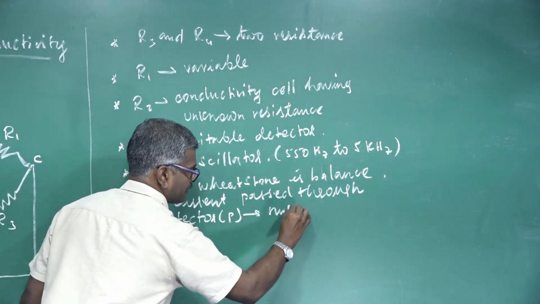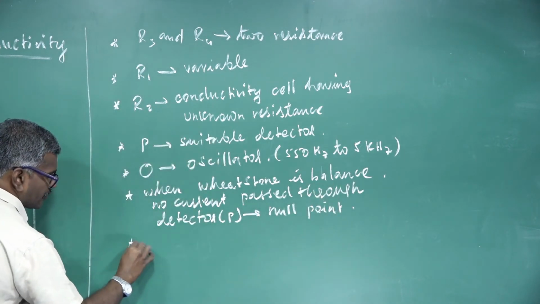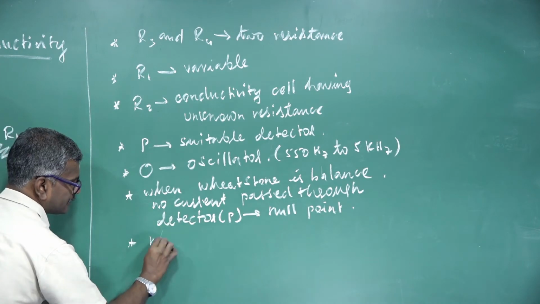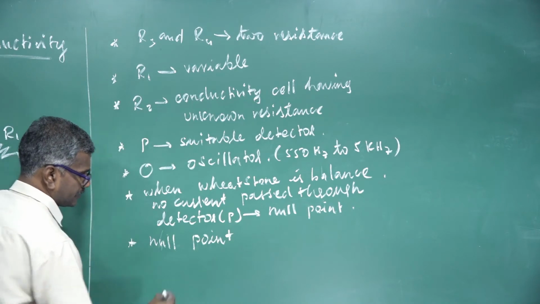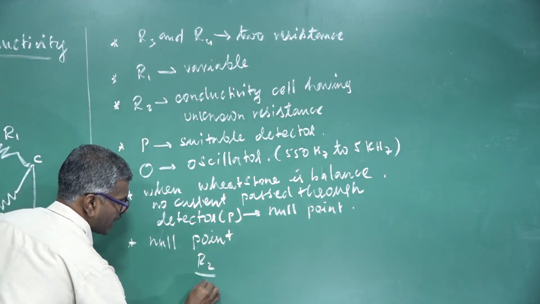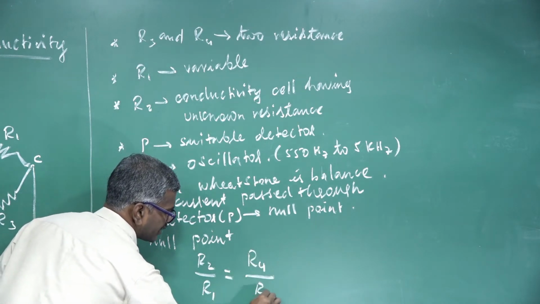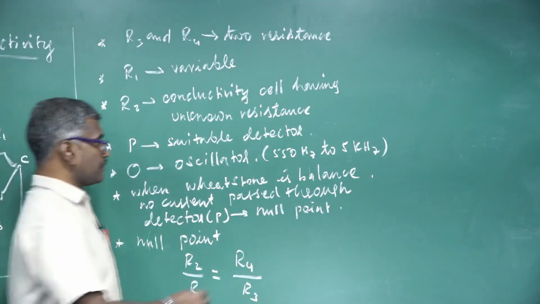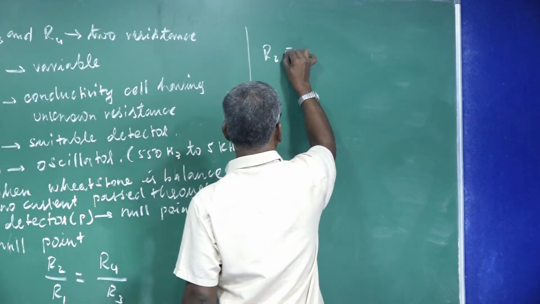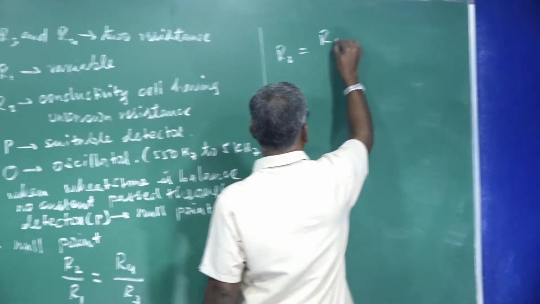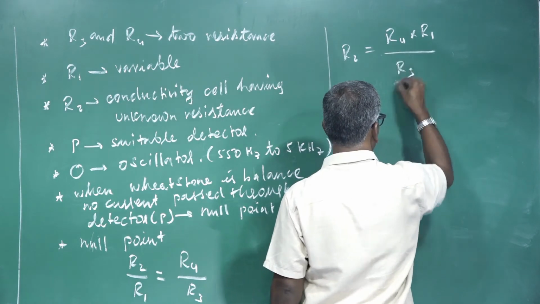This is nothing but the null point. When the null point is obtained, R2 by R1 is equal to R4 by R3. This equation becomes R2 equal to R4 into R1 by R3.